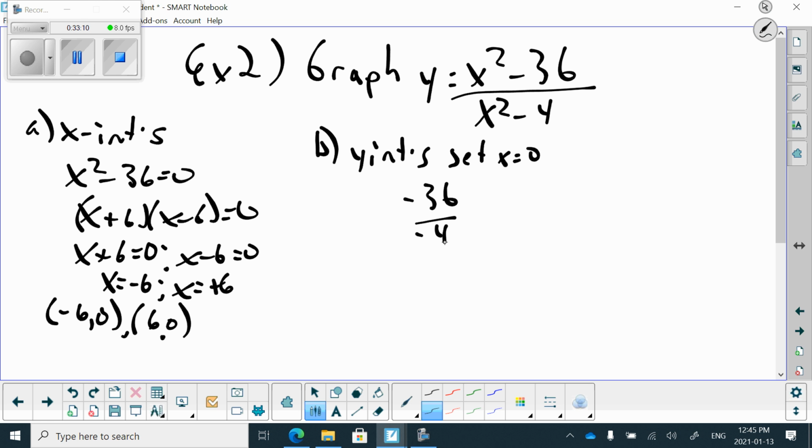It's equal to 9. So our ordered pair would be 0, 9. You got it. I guess I can squeeze this in here. Let's go to vertical asymptotes.